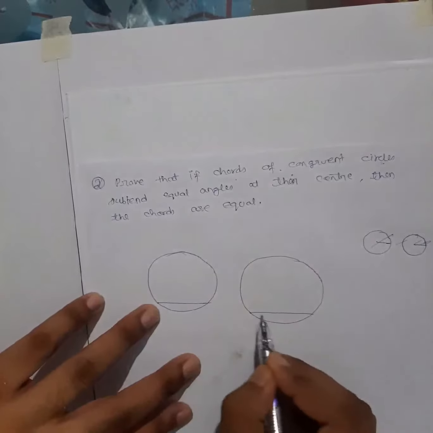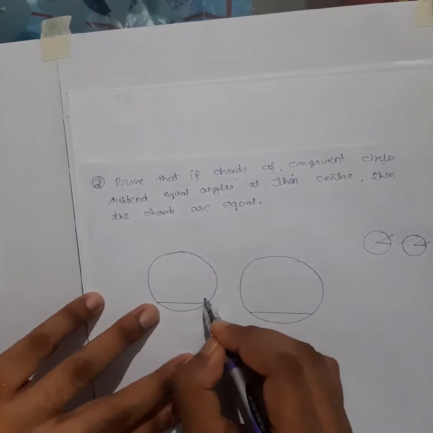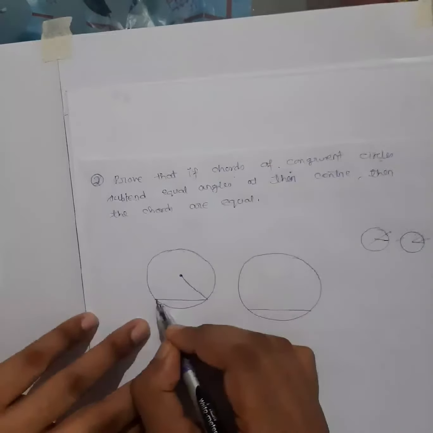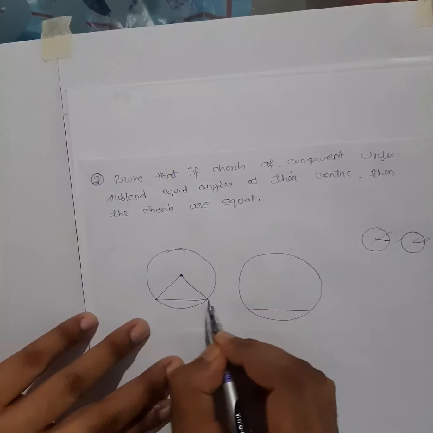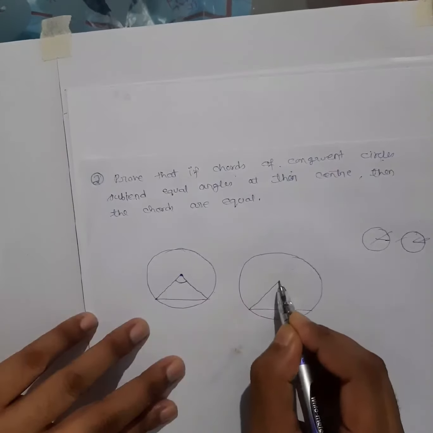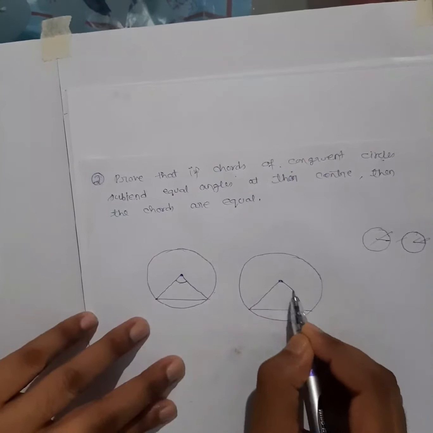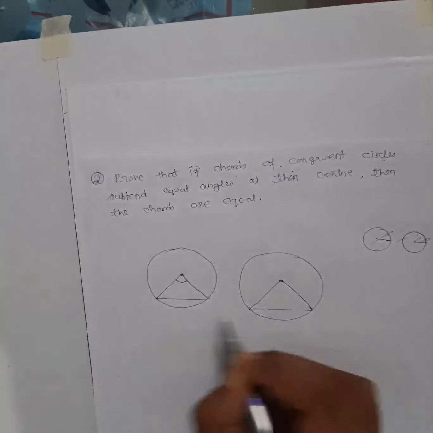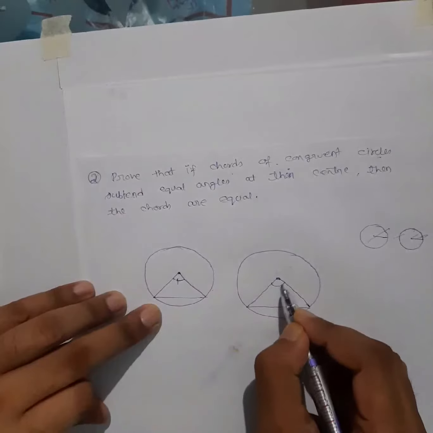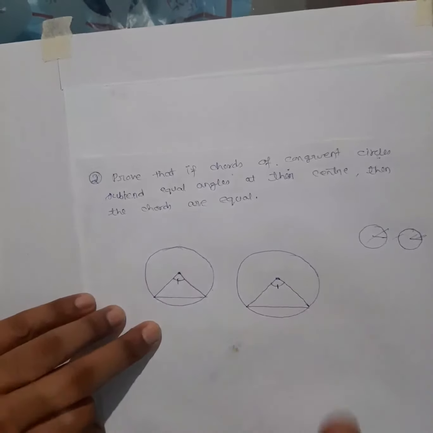So chord, they have said chord subtend equal angle means it will subtend equal angle at the center, they have said, right? So whatever angle this chord will make here, exactly the same angle it will make here. That's what they have said on the center. Now they didn't say that chords are equal. This time they have said these angles are equal according to the question.